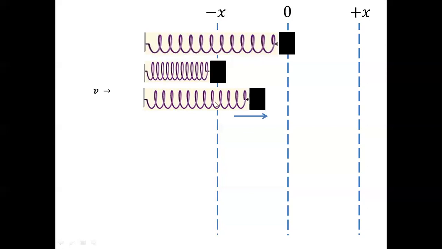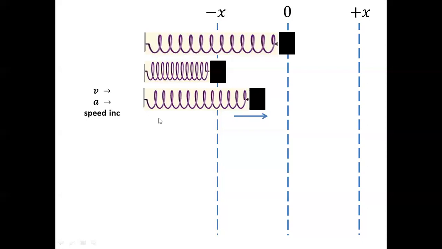Since that's the only force felt by this object along this direction, then that means the net acceleration of this object is also directed to the right. Since velocity and acceleration are in the same direction, that means the object speeds up.